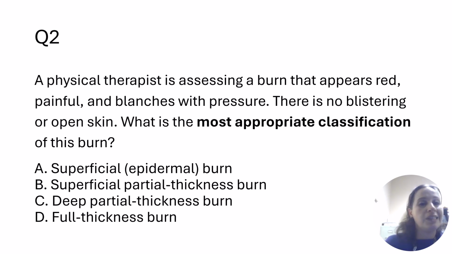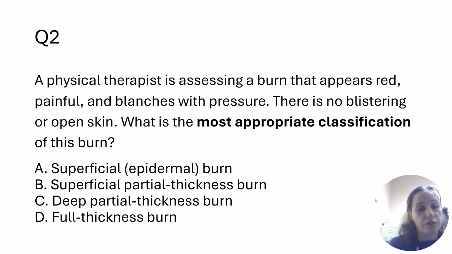When we think of deep partial thickness, that could be more whitish. But because it says red, painful, and there is no open skin, that is the key thing that I looked at there. No blistering, no open skin, especially the no open skin. That's telling me that it's superficial, okay?